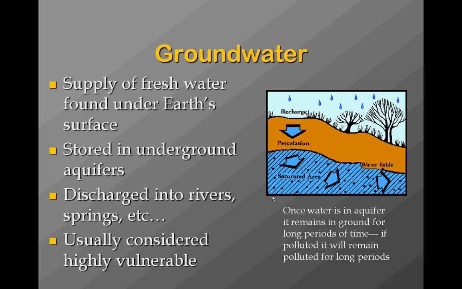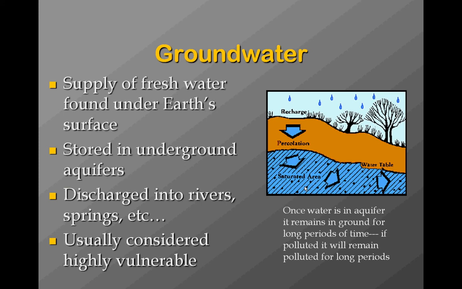The other thing that's important to remember about groundwater and aquifers is that they're considered highly vulnerable because, as I said, once this water enters the aquifer, it stays there for long periods of time, measured in hundreds of years. Though it will eventually move and re-enter the hydrologic cycle, it moves very slowly.